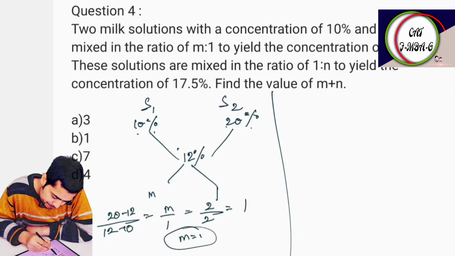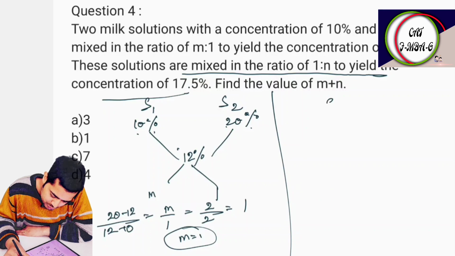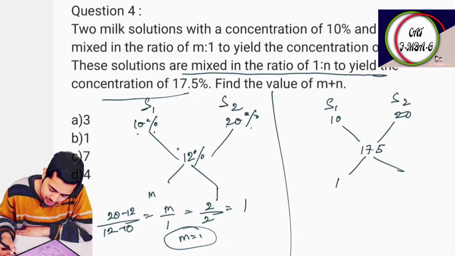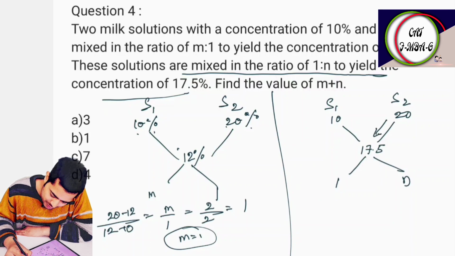Simple. Okay, these solutions are mixed in a ratio of 1 is to n to yield a concentration of 17.5. So solution 1, solution 2, 10, 20, and they are mixed to get 17.5 in the ratio 1 is to n. Simple. So higher minus lower, higher minus lower.